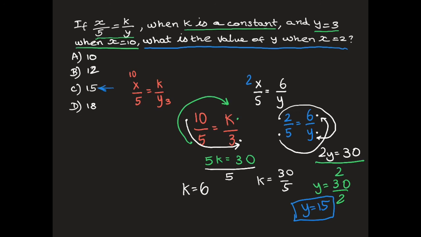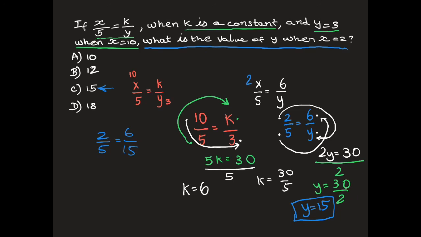Now we can check if we aren't feeling confident in our answer. We can just plug these values back in. We can do 2 over 5 is equal to 6 over 15.